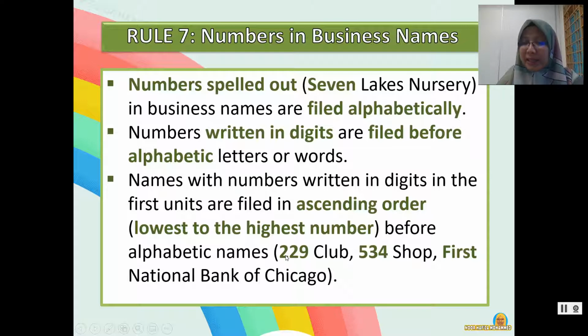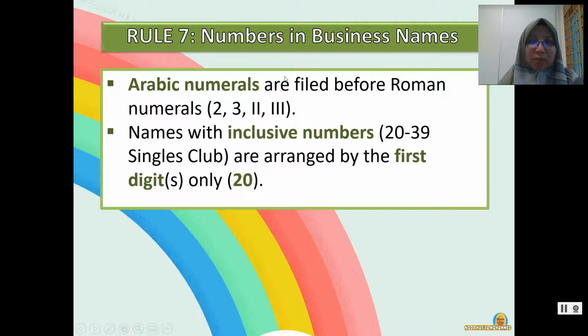So when you index this one, in ascending order, 229 Club first, then 534 Shop, and lastly the First National Bank of Chicago because it starts with an alphabetic letter. What happens when you have Arabic numerals, like 2, 3, and Roman numerals? Arabic numerals are filed before Roman numerals.